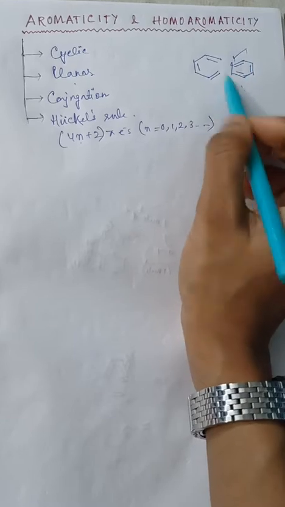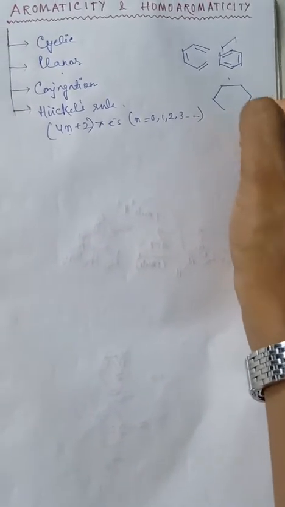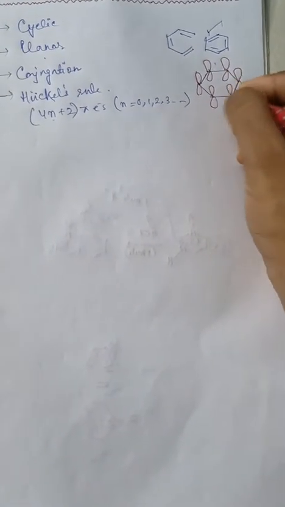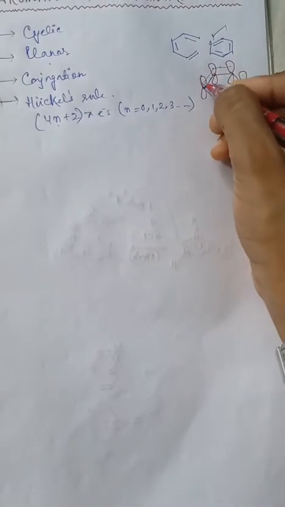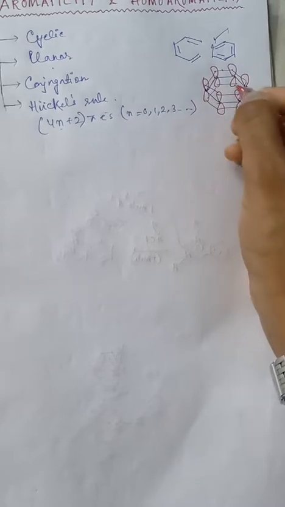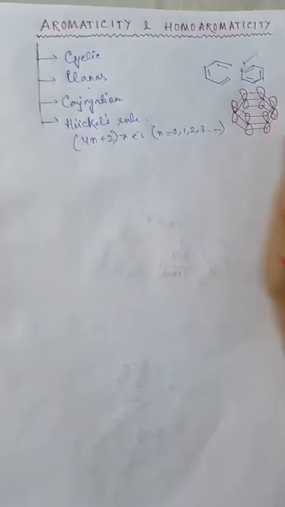So actually it looks like this, 6 p orbitals are there, and this electron cloud is also above and below the plane.